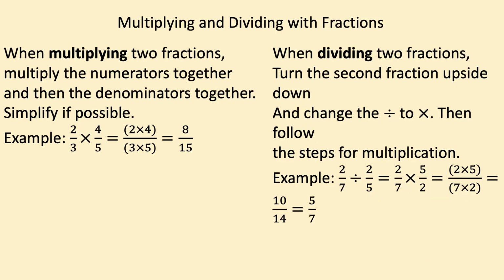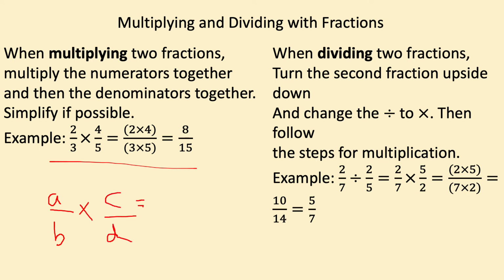Right guys, so just to summarize, this is the last slide of the lesson today. Multiplying and dividing with fractions. When multiplying two fractions, multiply the numerators together and then the denominators together. Simplify if possible. So A over B times C over D is going to be AC over BD.